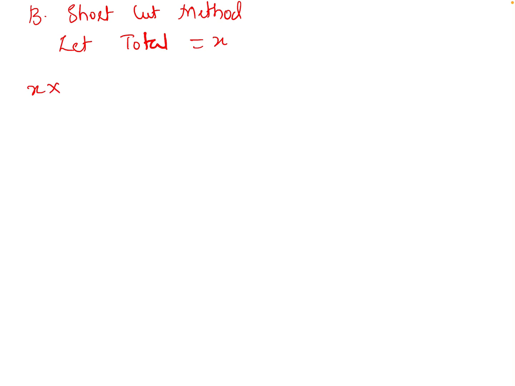So 60%, I will write it as 3 by 5. How did we get this 3 by 5? See here, 60% is nothing but 3 into 20%. We know 20% is 1 by 5. So it is 3 by 5.